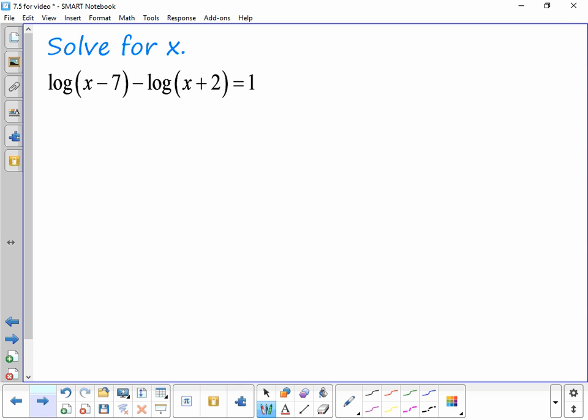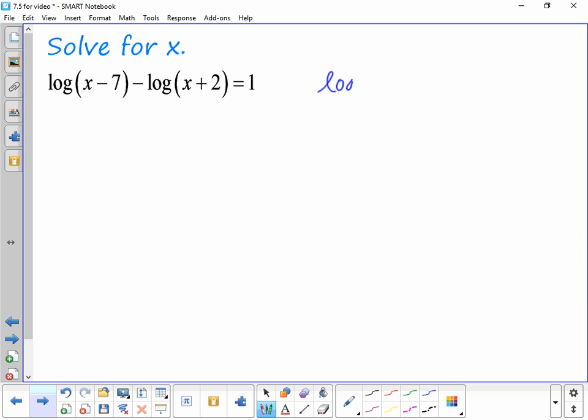So this first equation, the log of x minus 7 minus the log of x plus 2 is equal to 1. This equation has a couple of logarithms, and in order to use our strategy of rewriting the equation as an exponential, we've got to condense it into one log. So the log of x minus 7 subtract the log of x plus 2.